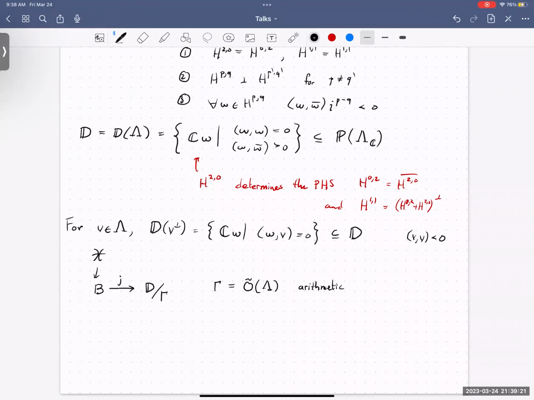So, H^2, if we take the H^2 of X_b primitive, and choose an isomorphism with this lambda.